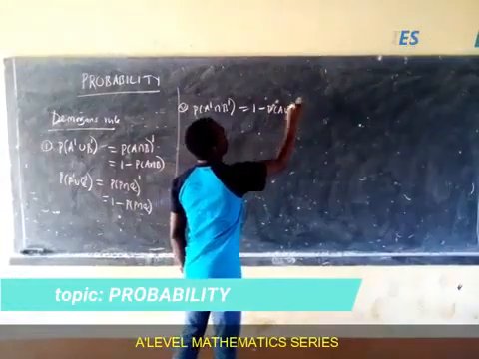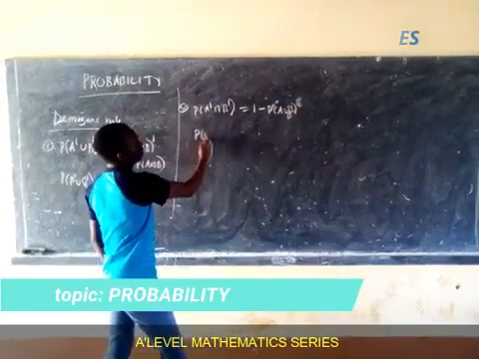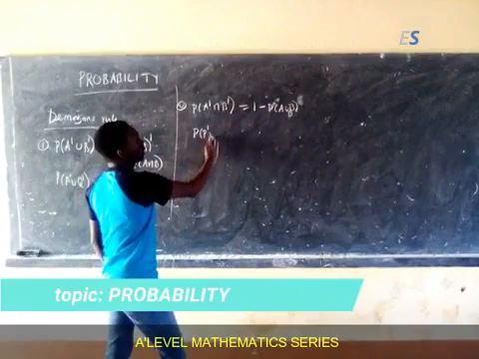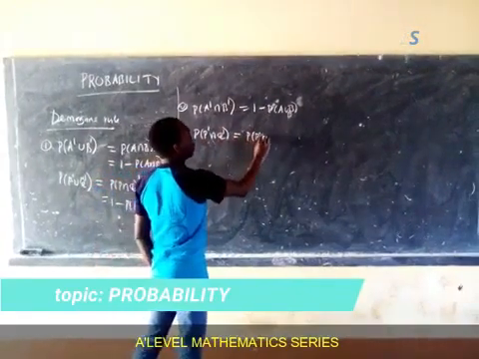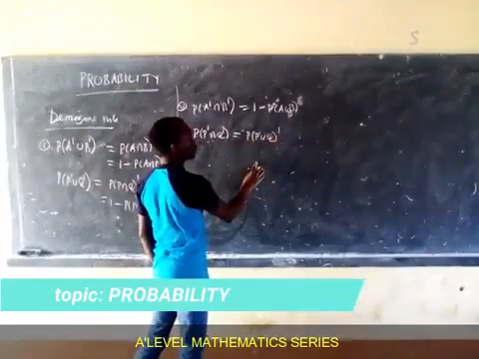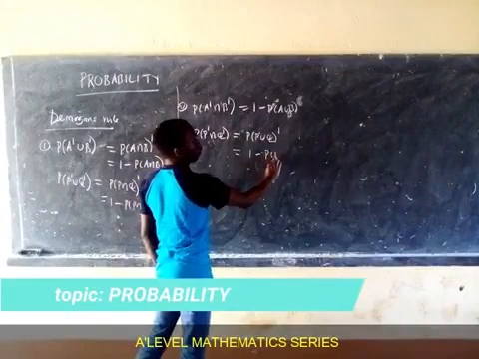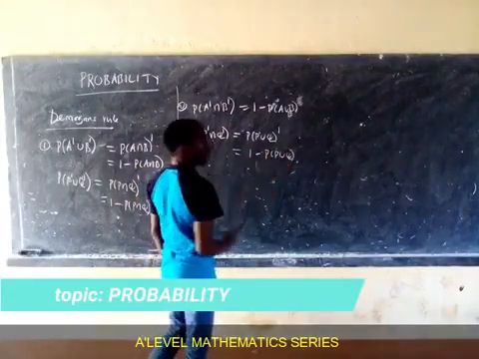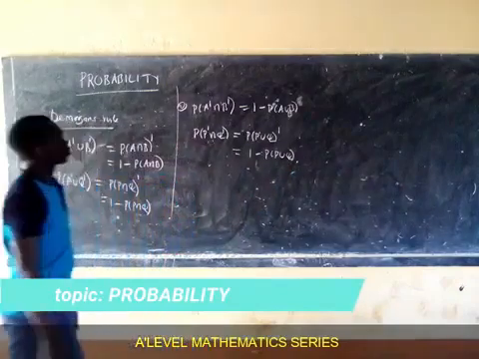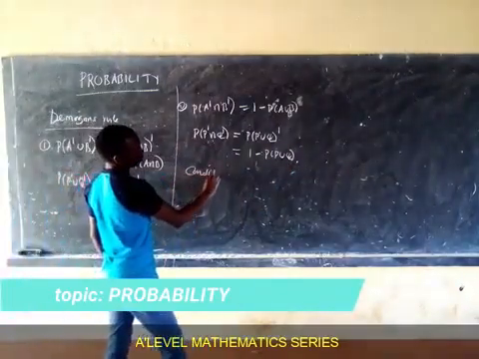Meaning for two events P and Q, the probability of P complement intersection Q complement becomes probability of P union Q all of it complement, which simplifies to 1 minus probability of P union Q.